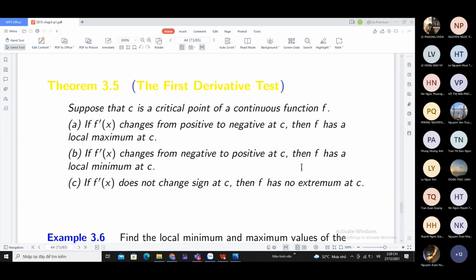If f prime, the derivative of f, changes from positive to negative at C, then f has a local maximum at C. If f prime changes from negative to positive at C, then f has a local minimum at C. And if f prime does not change sign at C, f has no extremum at C. You learned it in high school, and you did it many times, right? Okay, it's so clear.